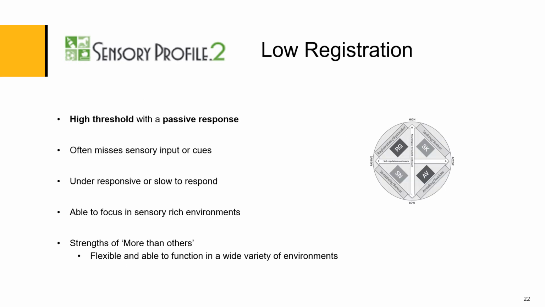Our bystanders or our low registration have high threshold with a passive response. They'll often miss sensory input or cues. They might be under responsive or slow to respond. They can typically focus in sensory rich environments and have the strengths of being more flexible and able to function in a wide variety of environments.